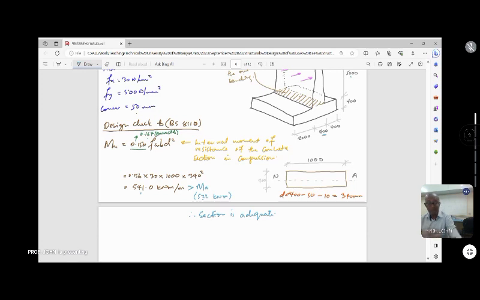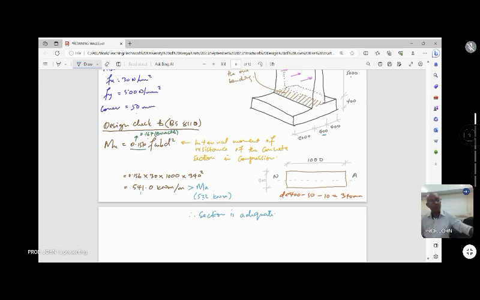In fact, if we had used class 25 concrete, so 541 by 25 by 30, the moment of resistance would be about 451, which will be less than the applied moment.